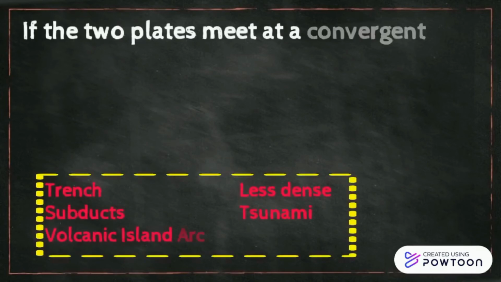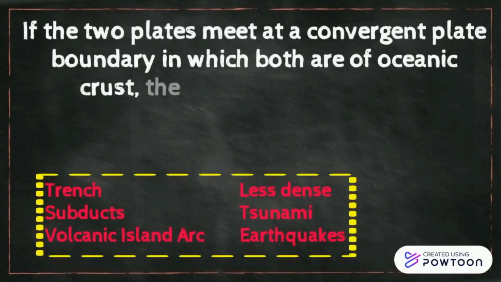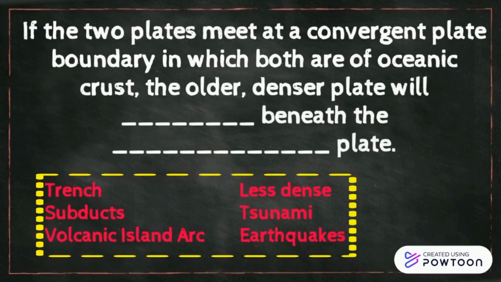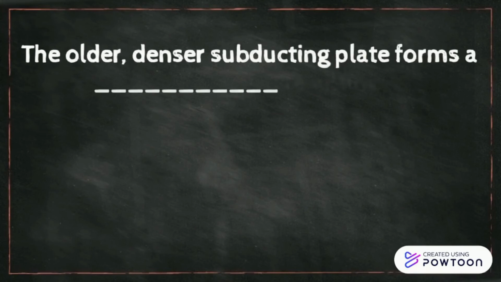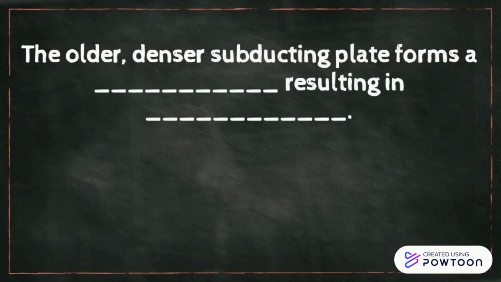If the two plates that meet at a convergent plate boundary, in which both are of oceanic crust, the older, denser plate will blank beneath the blank plate. The older, denser subducting plate forms a blank, resulting in blank.